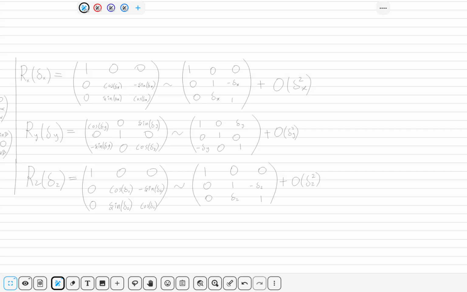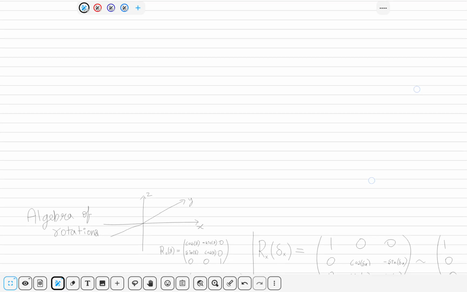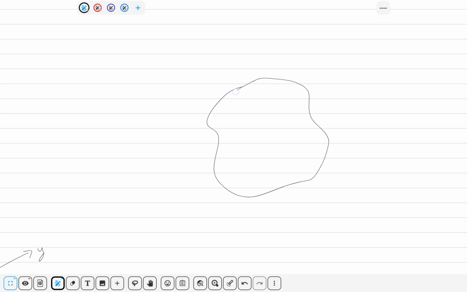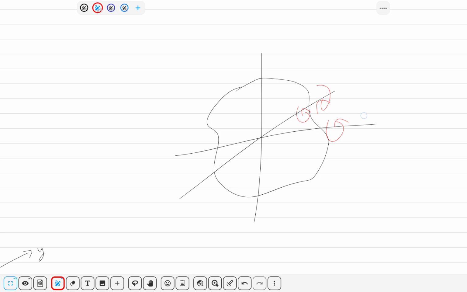So we have these things, and what I said was rotations are not commutative in general. What I mean is, if you have a body, if you first rotate it about the x-axis, then about the y-axis, it is not the same as rotating first about the y-axis then about the x-axis.